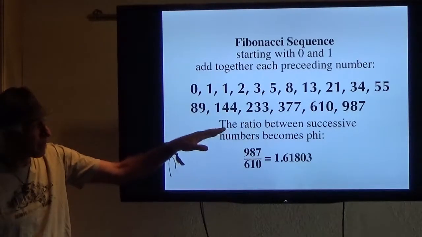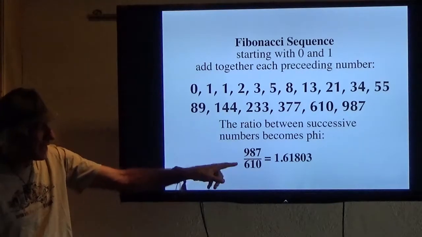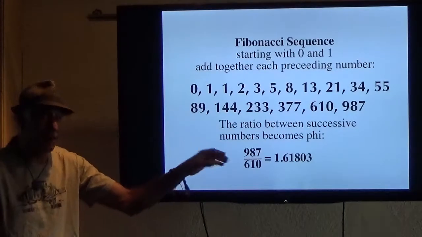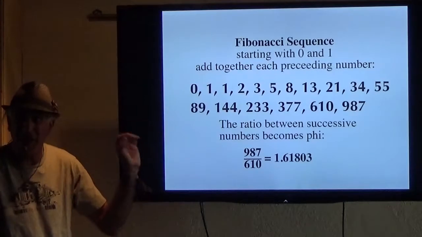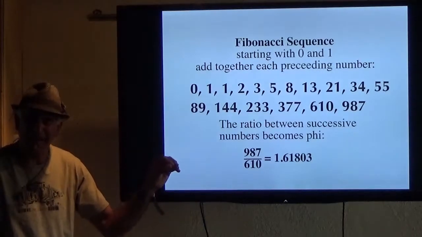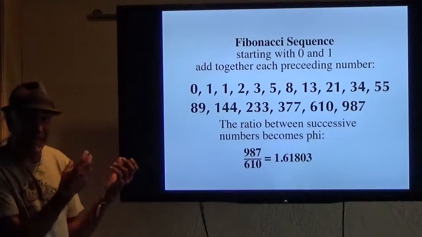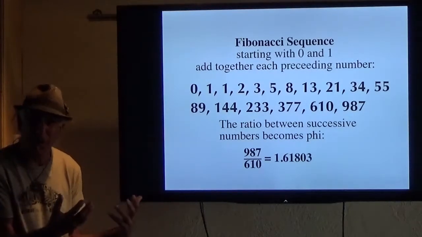So just when you're up to the 3 digits, 610 to 987 divided into each other is 1.61803. It's exactly the golden ratio to 5 decimal places. And the higher you go, the more exact it gets. So it's a way to understand how the golden ratio, just from adding 0 and 1 together, is this underlying principle of how the universe works.